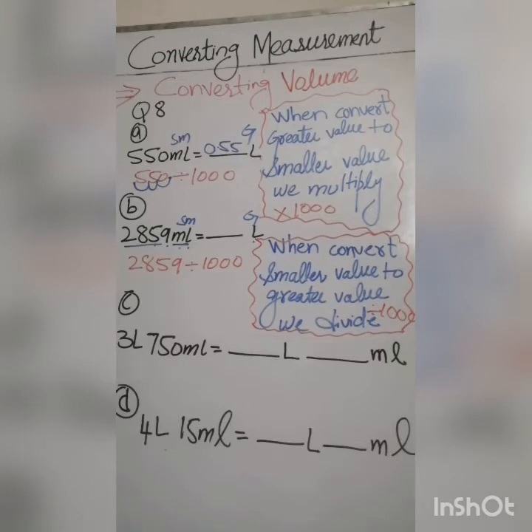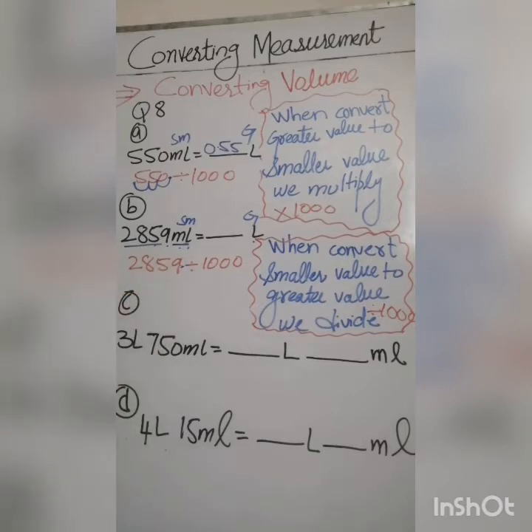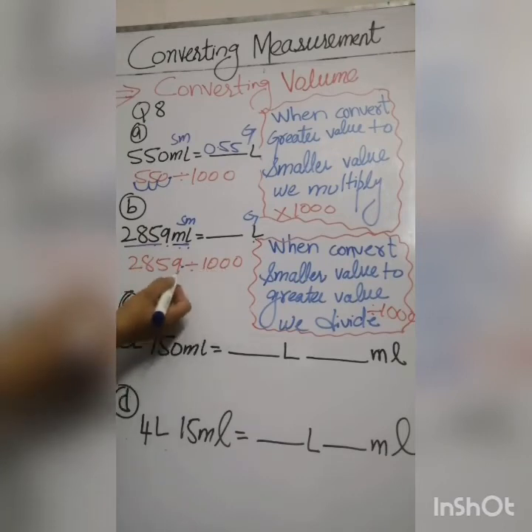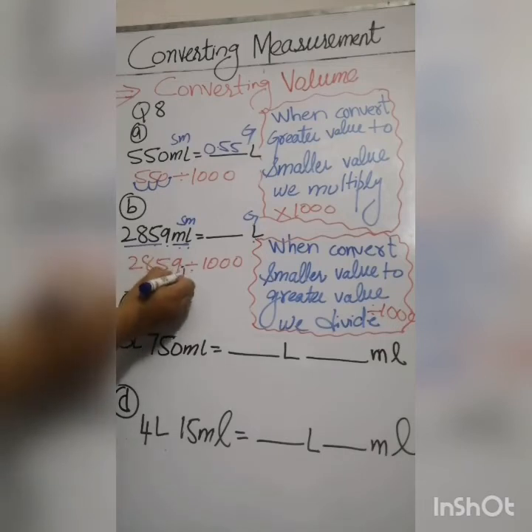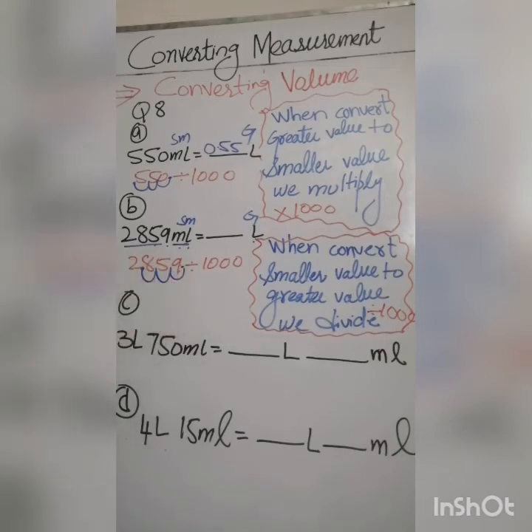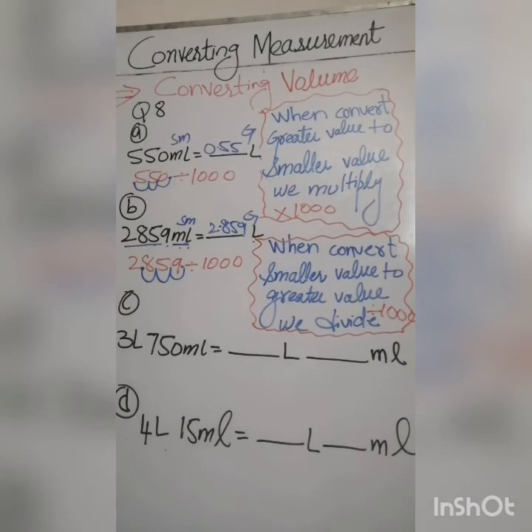How? Let's suppose we have a decimal point at the end. When we divide it by 1000, the decimal point moves 3 places back. 1, 2, 3. 2.859 is the answer. So 2859 ml is equal to 2.859 liters.